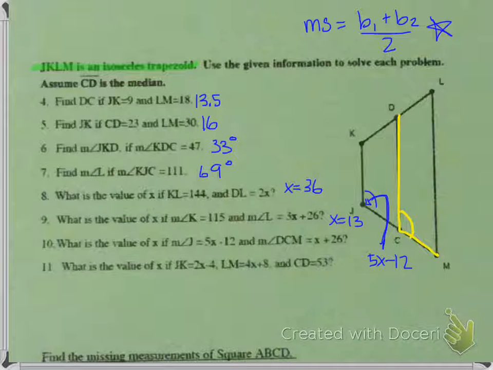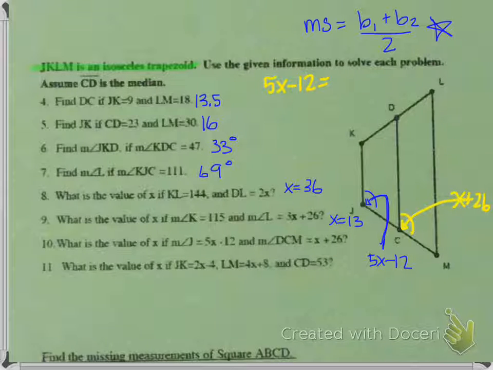DCM, that's right here. Is x plus 26. Okay, so one thing I know is that these two angles, because they're corresponding angles of parallel lines, are going to be congruent to each other. So I'm going to do 5x minus 12 equals x plus 26, and then I'm going to solve that.